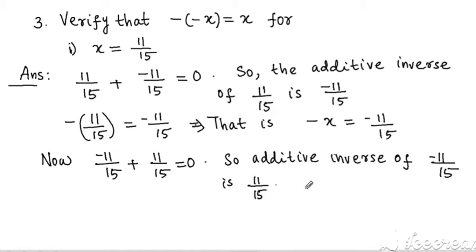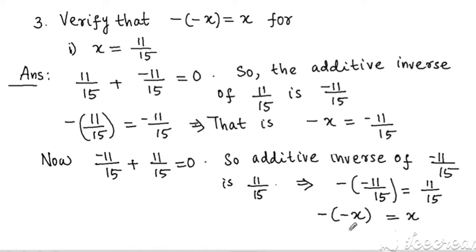We can write this as negative of, inside the bracket, negative 11 by 15 equals 11 by 15. You know that negative of negative 11 by 15 is the same as negative of negative x, and 11 by 15 is x. So you obtain negative of negative x equal to x. So this is verified in this case.